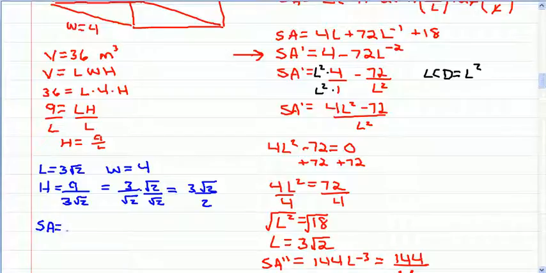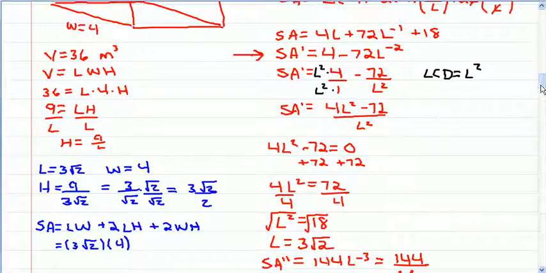And we're minimizing the surface area. And the length is 3 root 2. The width is 4.